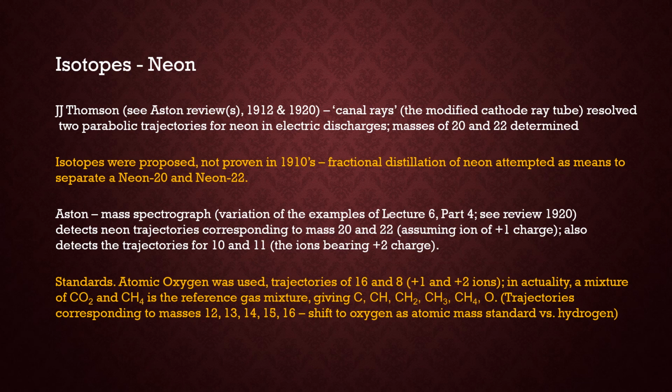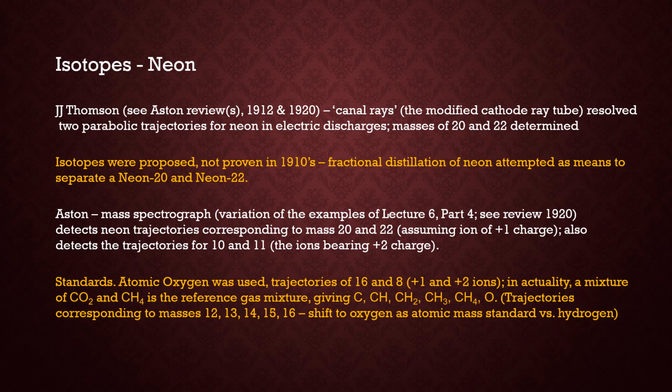So hydrogen is so small it just flies off. You can't really use it as a reference in Aston's instrument. So he uses oxygen. The beam, the electrons, destroy everything. You mangle everything in the spectrometer. So if you create an internal standard of carbon dioxide and methane, you get a bunch of broken elements and what are called radicals, parts of molecules.